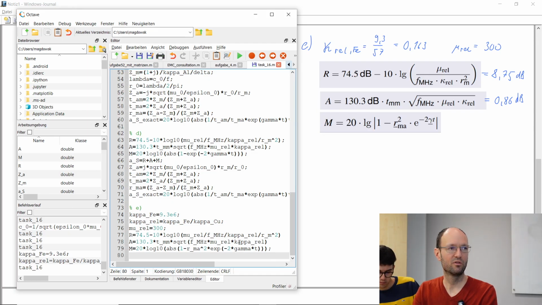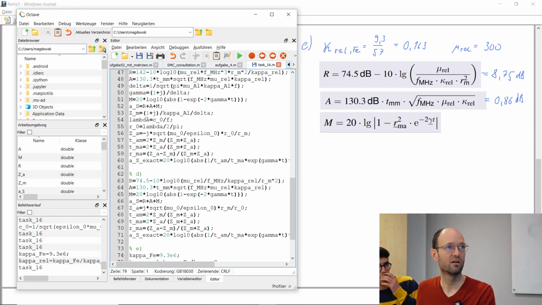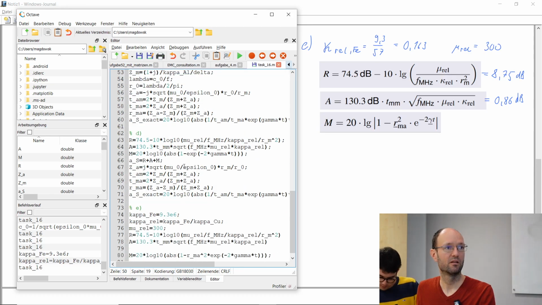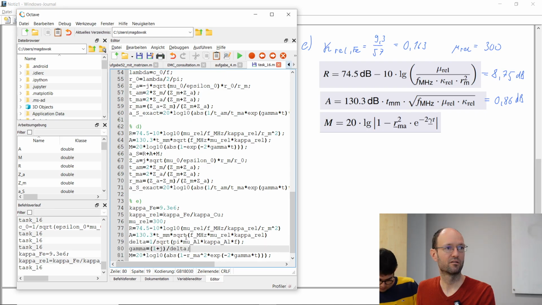Okay, so before we do this, we know we need to recalculate gamma and we need to recalculate delta. And so here now we need to have the absolute permeability of steel, and we need to use, of course, the conductivity of steel.